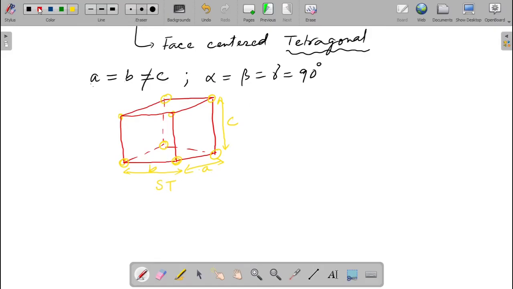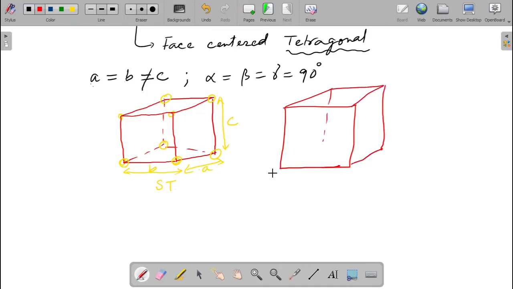Now if I draw the same unit cell, but put the atoms at different positions, the usual corner atoms are there, but I put 6 more atoms on the faces.